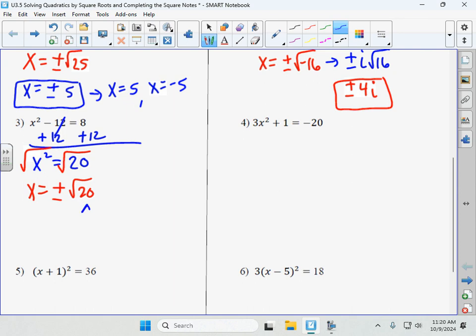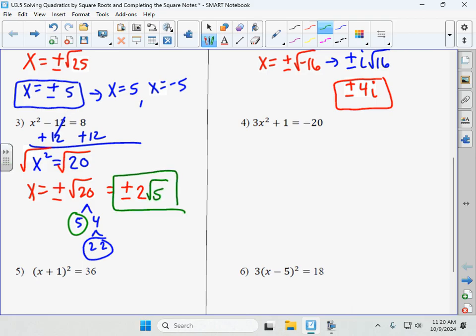Radical 20 we can break down to 5 times 4, and then 2 times 2, so there's our pair. That 2 is going to come out, and the 5 stays inside the radical. So plus or minus 2 radical 5. We want that plus or minus to come first, not in between the 2 and the radical.